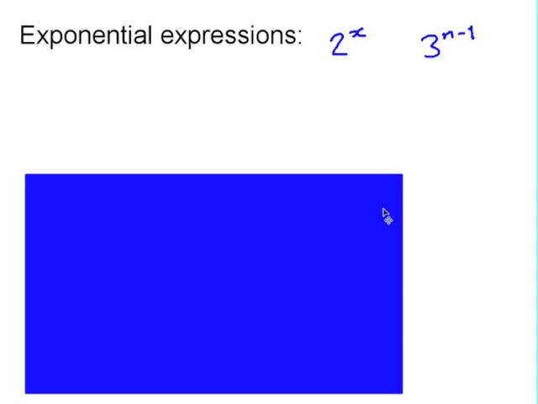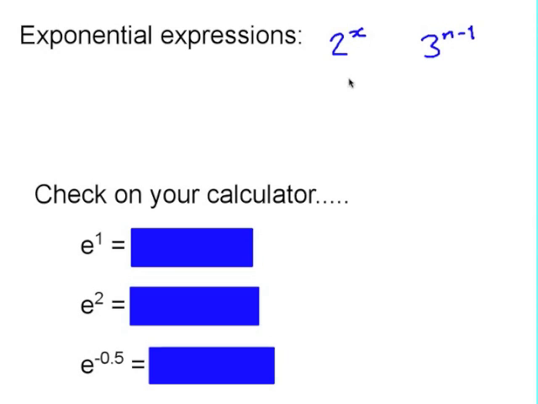Now, exponential expressions are those where the variable is in the index of the expression. For example, 2 to the power of x or 3 to the power of n minus 1. And we're particularly interested in those expressions where the base is e.